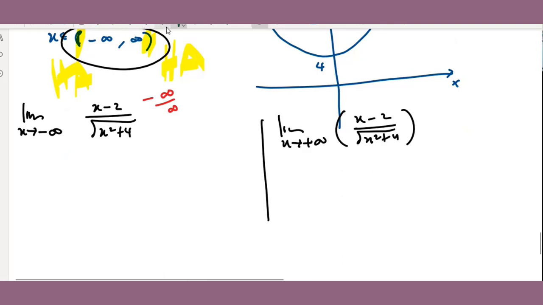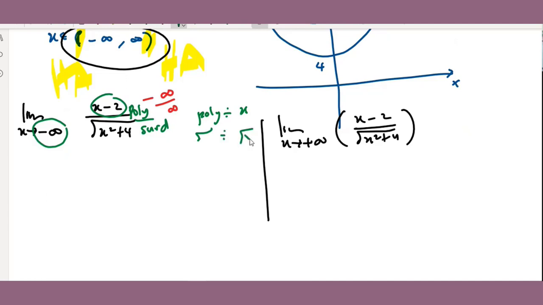When indeterminate form, check: this is a polynomial over a root, or a root over a polynomial. When x tends to infinity, you need to divide the polynomial by x, and the root by the square root of x squared, and check that when x is negative, the root part should be negative.